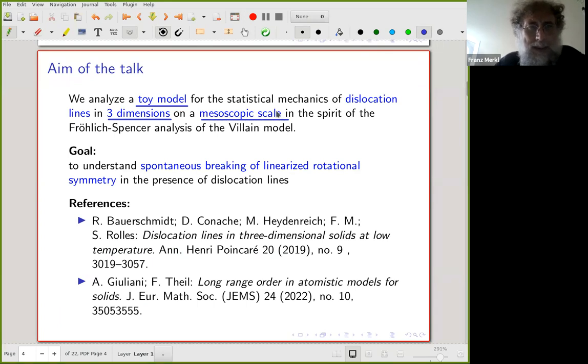So a scale where you can still see the effects of dislocation lines, but still a scale which is small compared to the macroscopic scale.